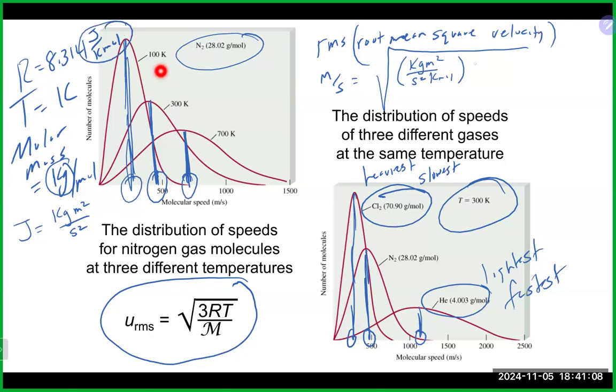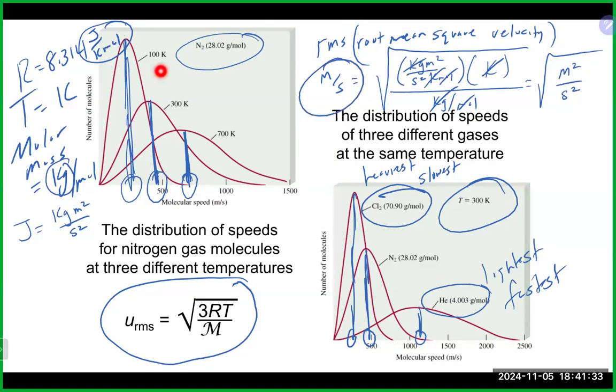We have temperature, which is Kelvin, and we have our molar mass, which needs to be kilograms per mole. The mole will cancel, the kilograms will cancel, the Kelvin will cancel. That essentially leaves you, when you do this, with the square root of meters squared divided by seconds squared, which ultimately gets you to meters per second.